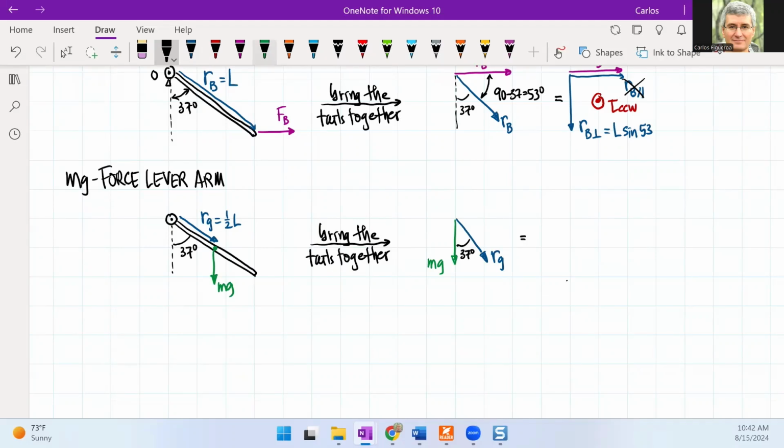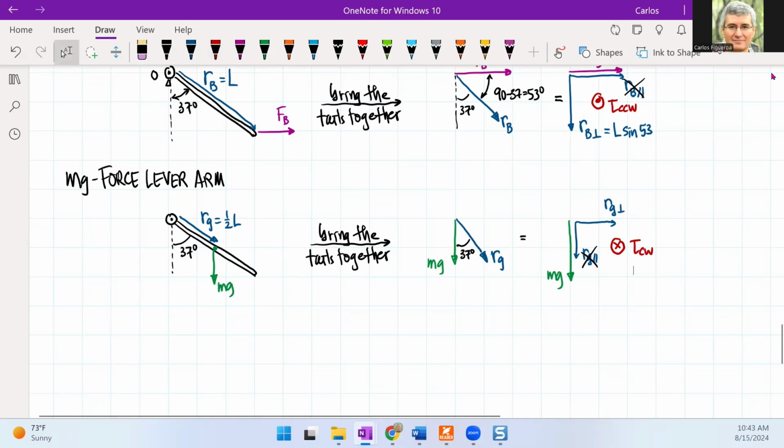So in this situation, breaking these guys into components, I then get this. I have a component that's parallel, and I have a component that's perpendicular. And as we've already said, the parallel component will not contribute. As a consequence, I'm going to get R times this. This is going to give me a clockwise torque.